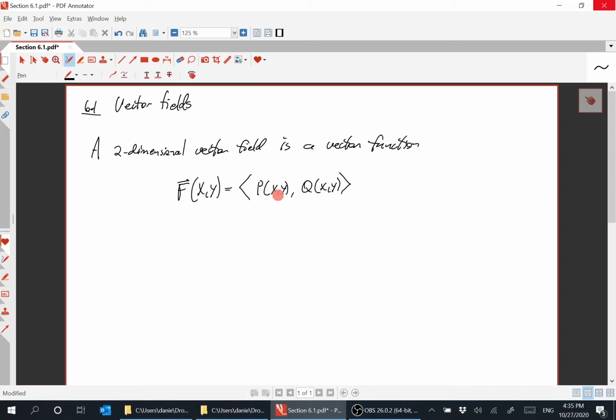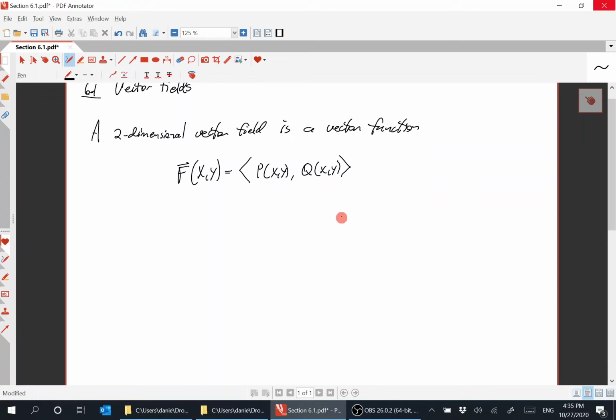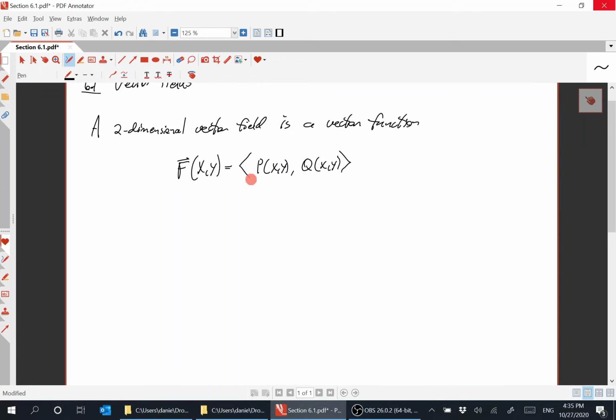So these are just ordinary two-variable functions as the x and y components of a vector function.